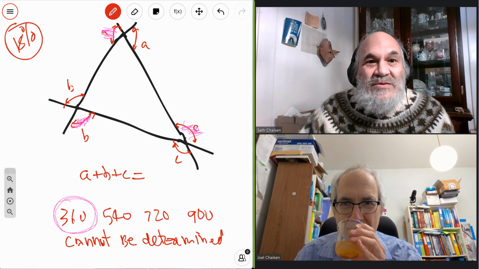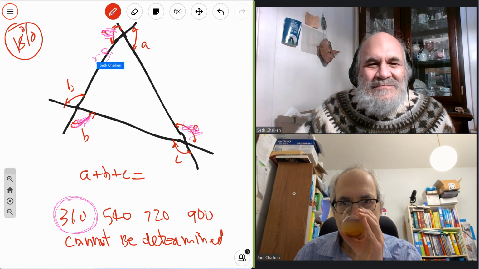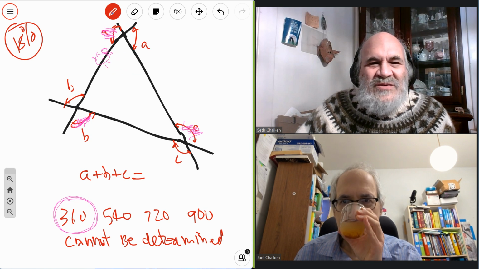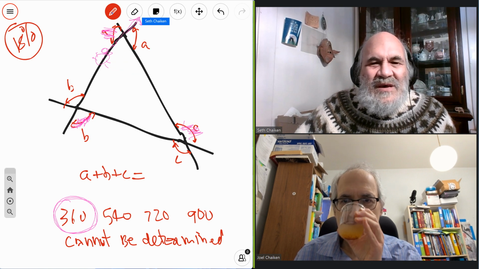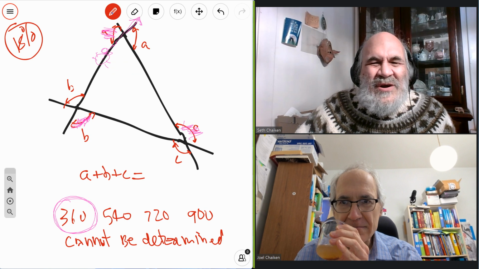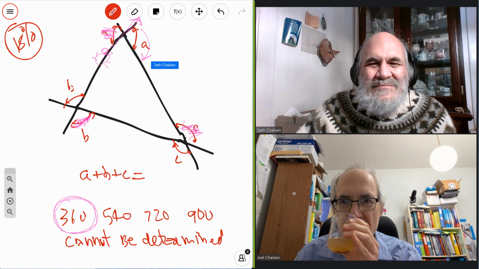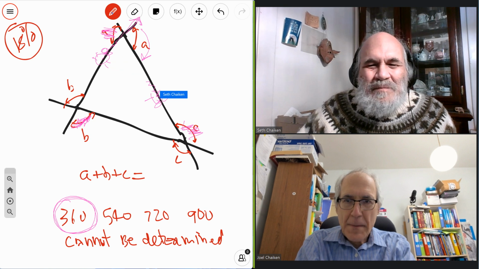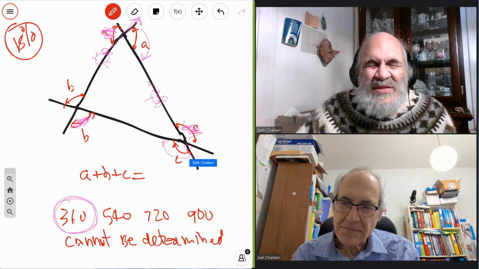Okay. And it goes like this. You have a turtle crawling along the edge of the polygon. And when he rounds the corner, he turns A degrees. He keeps going this way, and then he turns the corner, and he turns another C degrees.